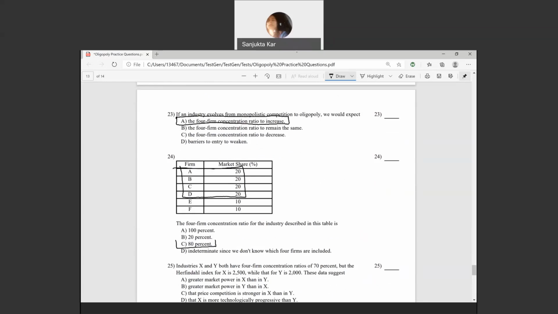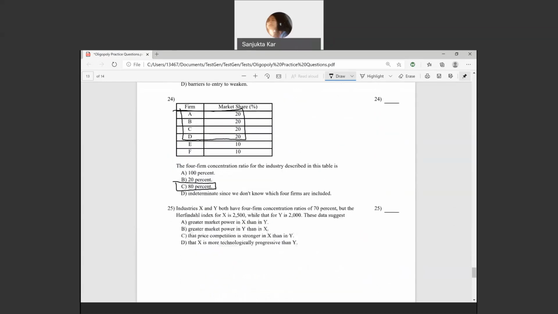This is 80%. Question number 25. If X and Y both have 4-firm concentration ratios of 70%, but the Herfindahl index for X is 2500, while for Y it is 2000, this suggests that X has a greater market power than Y.